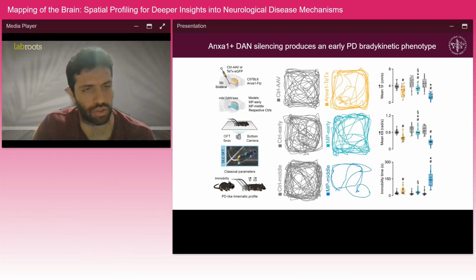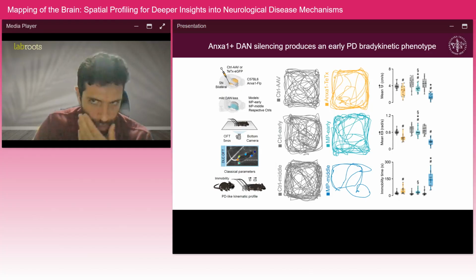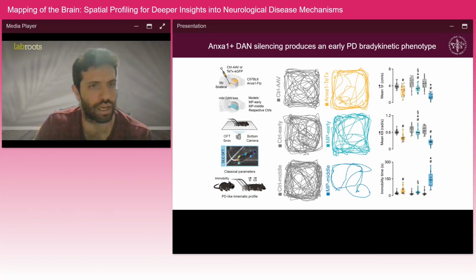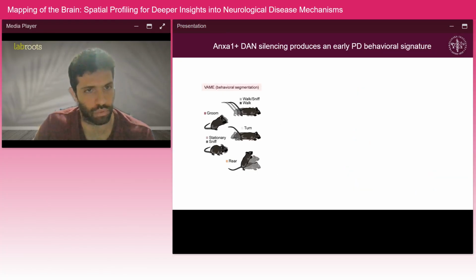I repeat, the middle one is not late stage Parkinson's disease, but you see that it already has a feature of increased immobility a lot, so the mice spend more time immobile. This phenotype resembles a pure bradykinetic phenotype, without the rest of the motor signs or symptoms that I mentioned before.